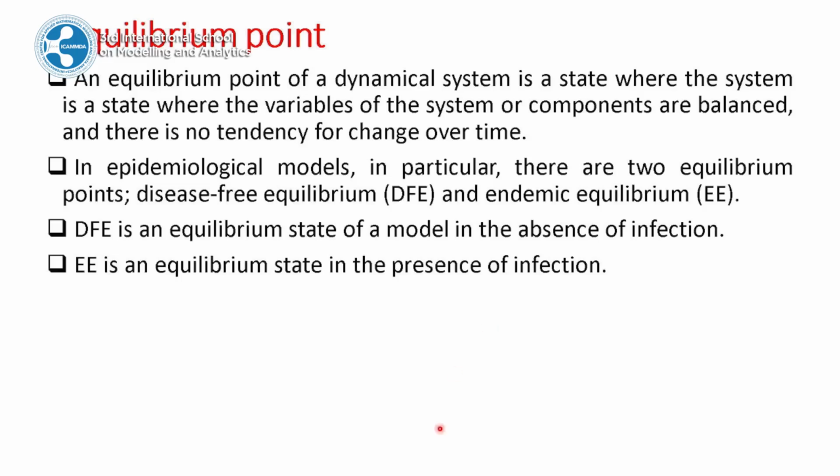An equilibrium point of a dynamical system is a state where the variables of the system or component are balanced and there is no tendency for change over time. That is the state at which there is no variation in the variables involved in the model.